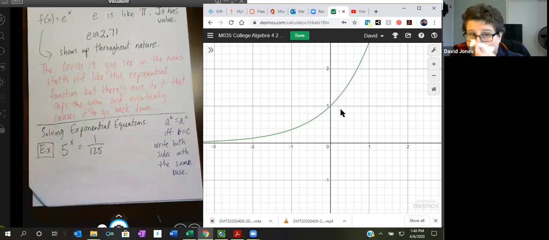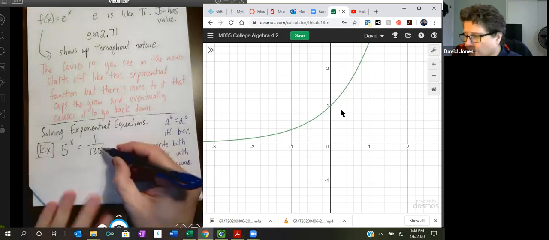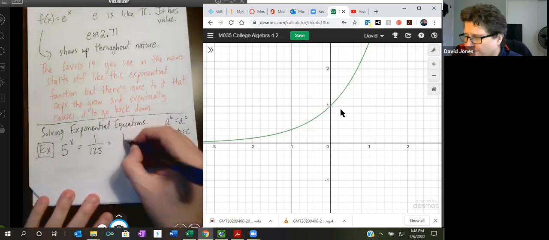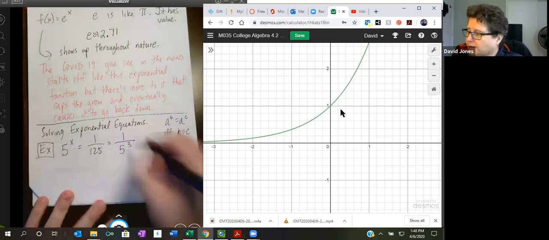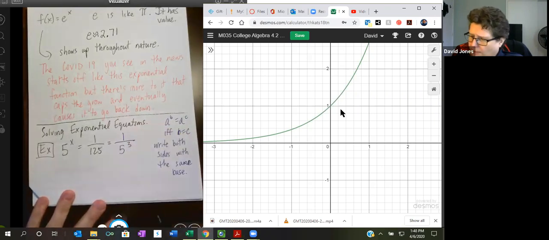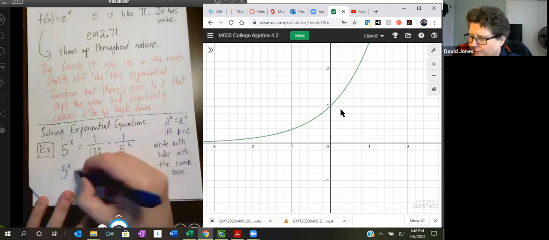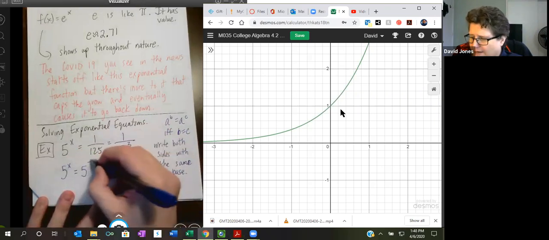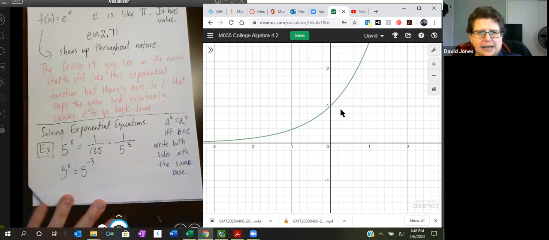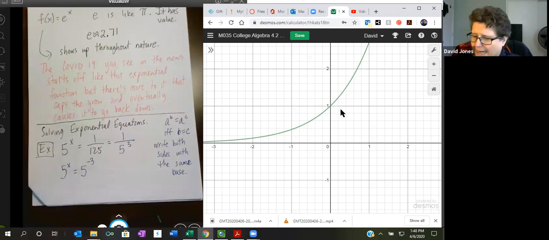All right. 1 over 125, 125 is 5 cubed. And if I move 5 cubed to the numerator, it becomes 5 to the negative 3. Now the bases match.